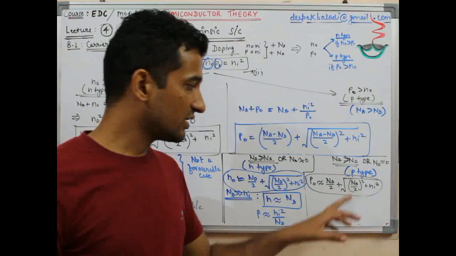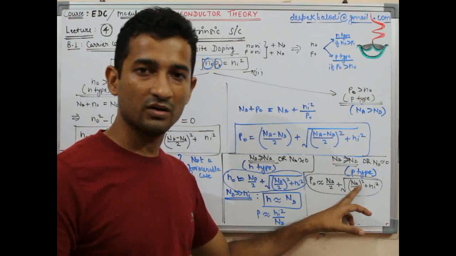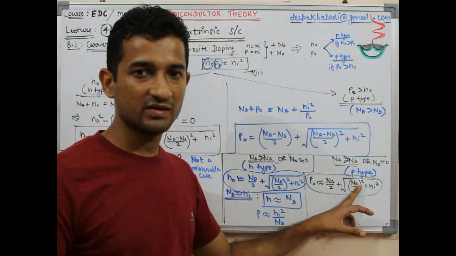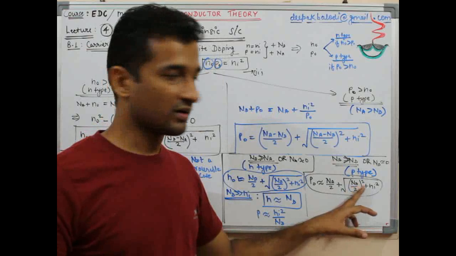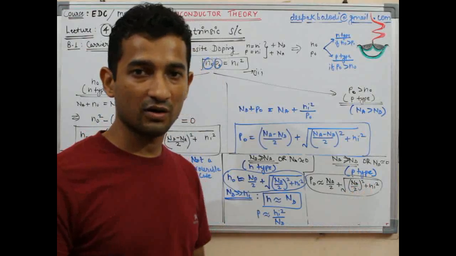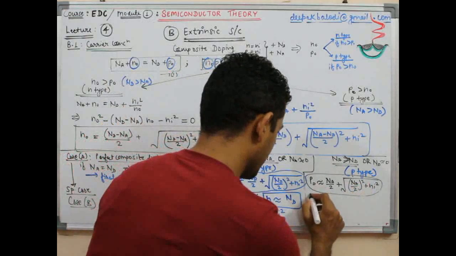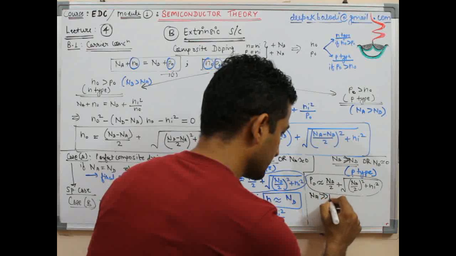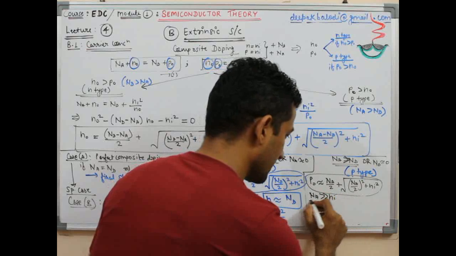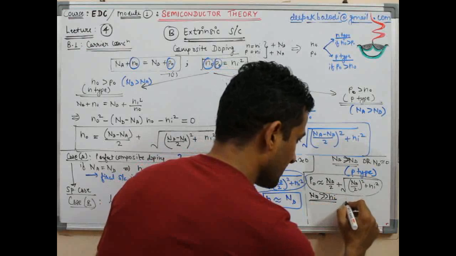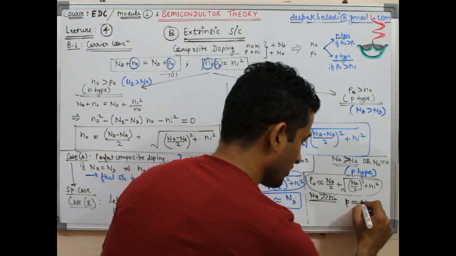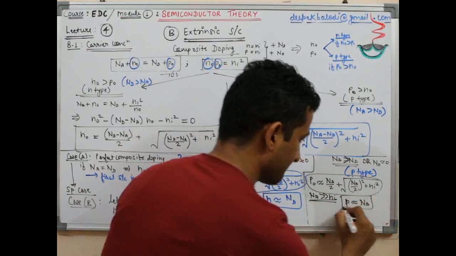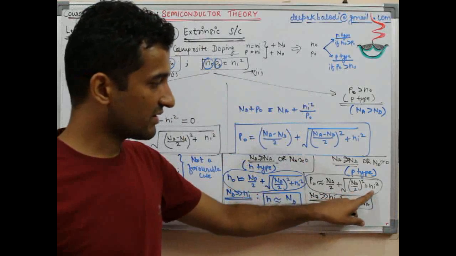But whenever the extrinsic doping or the impurity concentration is at least 1 order more than Ni, which is the general case most of the time, then finally p will be approximately Na, because then Ni will be neglected.